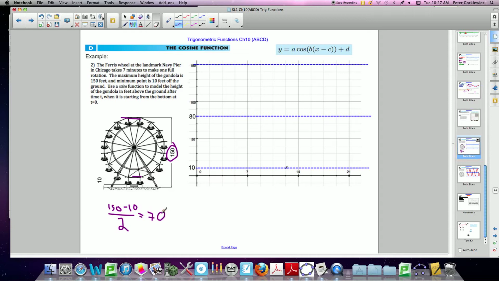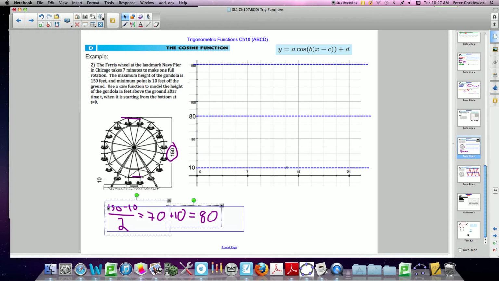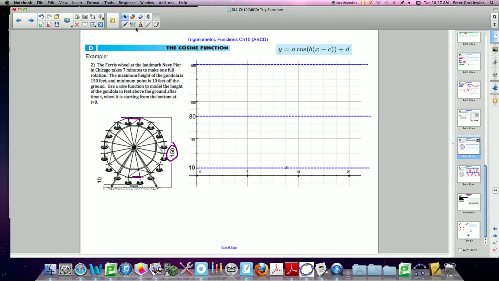That's my amplitude, and then this is the minimum, and this distance is 70, so then I added my minimum to it and got 80 for the location of the equilibrium. Okay? So that's just kind of nuts and bolts stuff. I hope that you don't memorize formulae for that. You're just analyzing the situation.